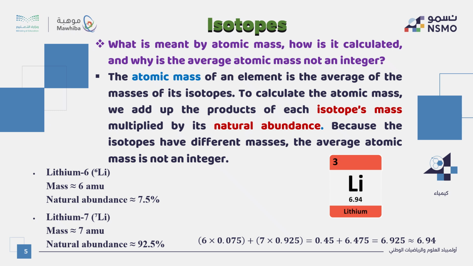So, for lithium, we multiply 6 times 0.075 plus 7 times 0.925, which equals 6.925, or about 6.94. The atomic mass of lithium is 6.94 because it is the weighted average of lithium-6 and lithium-7 based on their natural abundance.